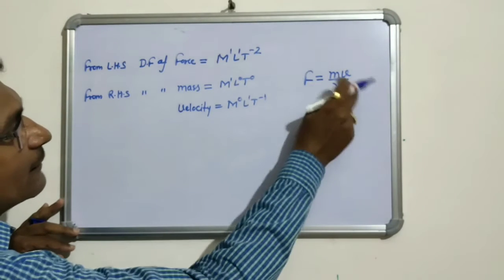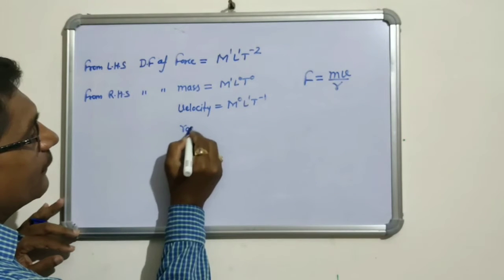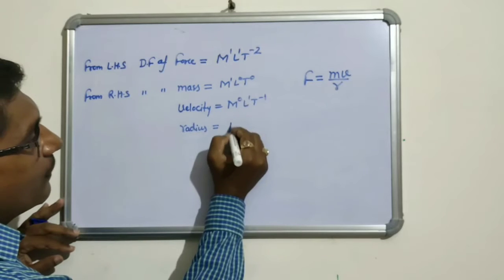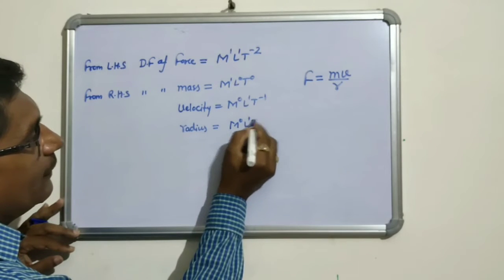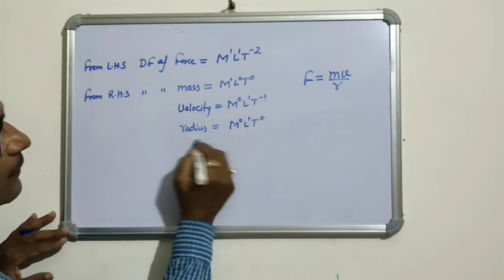And r is the radius of a circular path, so r is a distance, and its dimensional formula is M0 L1 T0.